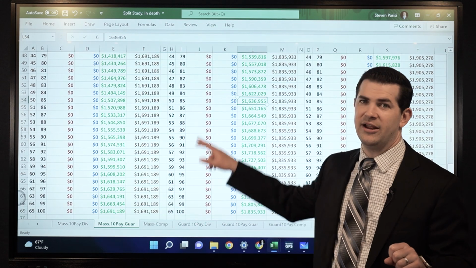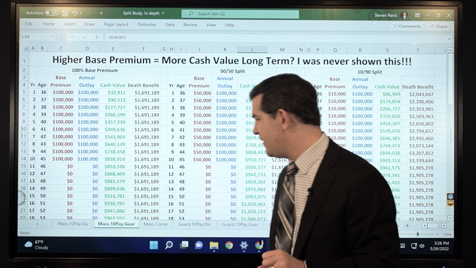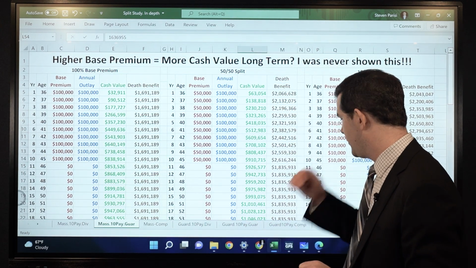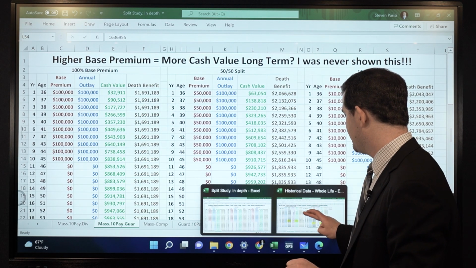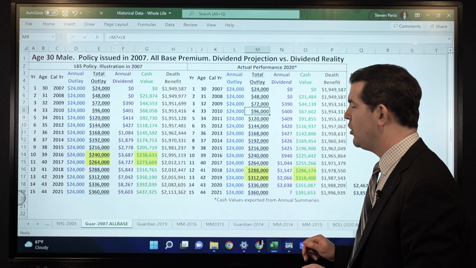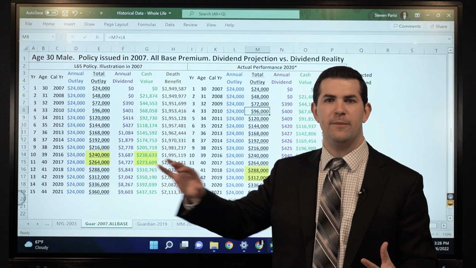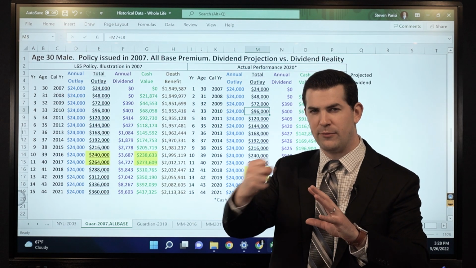And then the other thing is actual performance. So without spending a lot of time on this, I would check out our How Dividends Really Work video. But when we look at policies with high base premiums that really bank on a high dividend being paid on the base premium because base premium dollars receive more favorable dividends, remember that part?